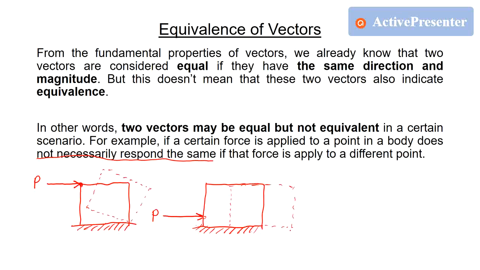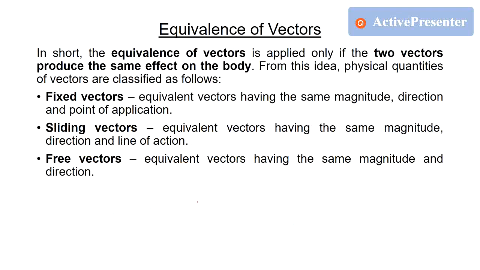As you can see, the force in the first box is applied on the upper side of the box, and the second force is applied on the lower part of the box. So because of this scenario, we have classified vectors into three major classifications, vectors based on their equivalence.